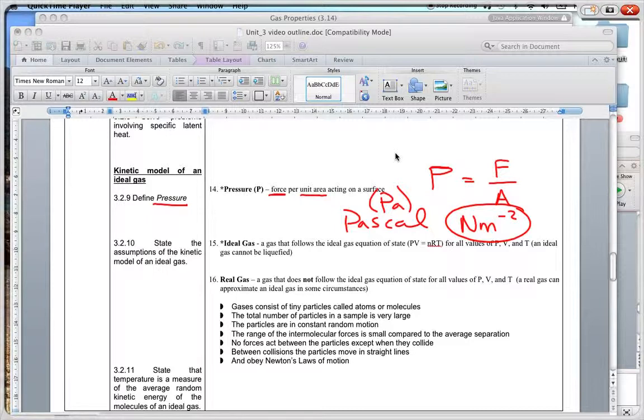Okay, now looking at this idea of an ideal gas and a real gas. An ideal gas was developed as an idea to work with gases at sort of regular temperatures, and they obey this equation: PV is equal to nRT.